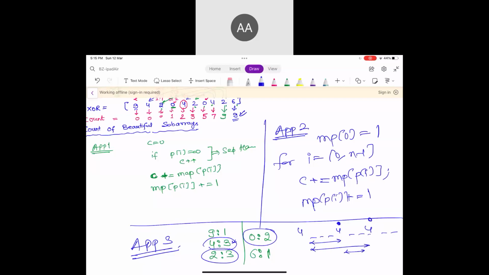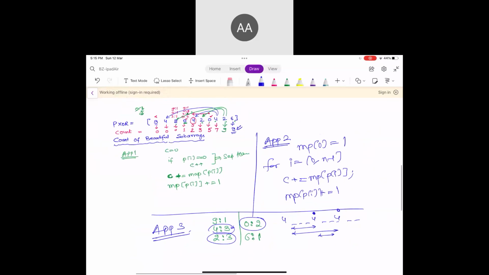Total, they are contributing 3 subarrays, right? You can also derive that number from here. If this value is f, it is contributing f into f minus 1 by 2 subarrays. So basically build the map. In the end, loop over every value in the map and just use this formula: count plus equals this f.